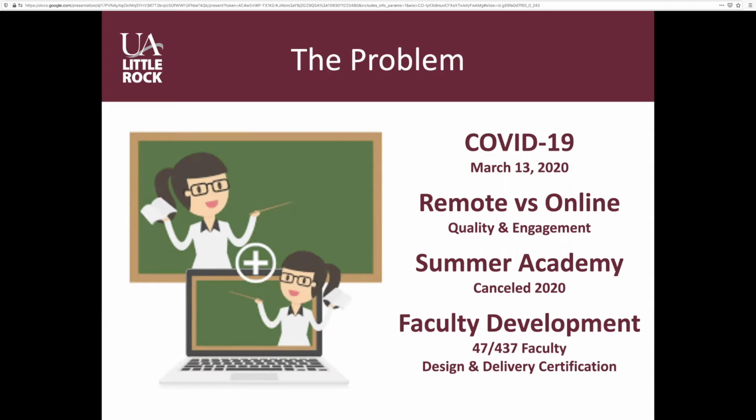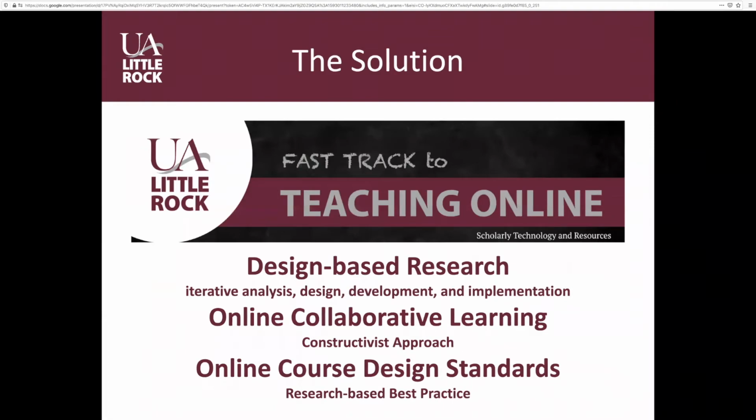One of the things we've been working on is online course design standards, and that has been in process, and we've been moving forward with that. So the solution was fast track to teaching online. We use design-based research, which is iterative analysis. We've had two sessions so far, and after each session, we've gone back and revised the design.